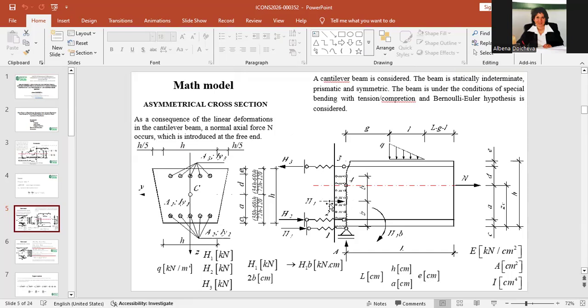H1 moves its position, and we can find where this force is with the distance b. As a consequence of the linear deformation in the cantilever beam, a normal axial force N occurs, which is introduced at the free end of the beam.